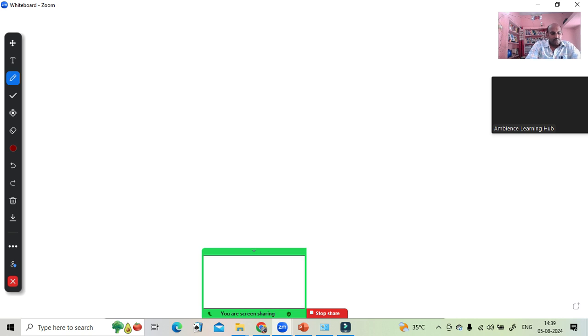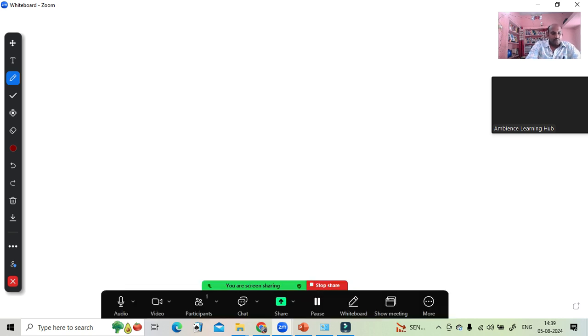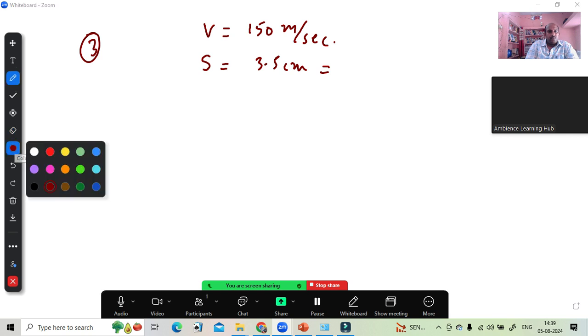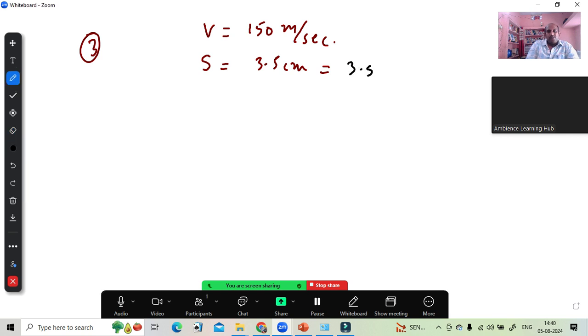Okay, next one. The third problem. A bullet moving with speed 150 meter per second strikes a tree and penetrates 3.5 centimeters, which is equal to 3.5 into 10 power minus 2 meter.